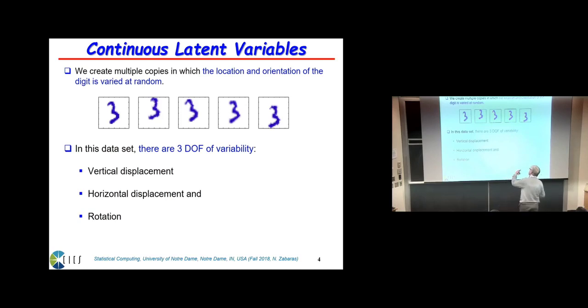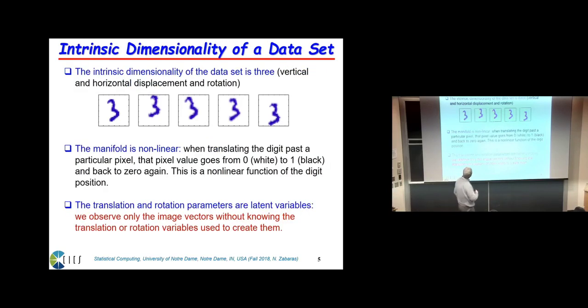By the way, in the context of the digit 3, don't get the impression that this is an easy problem, because I only did translation and rotation, but I can also deform the digit 3, right? I can take it and deform it. And if you start doing nonlinear mappings, the situation becomes a little bit more complicated.